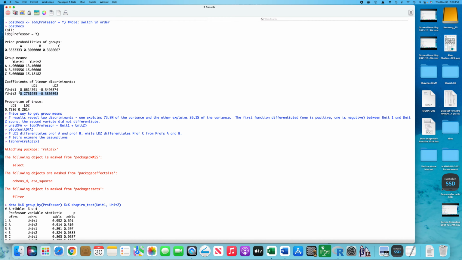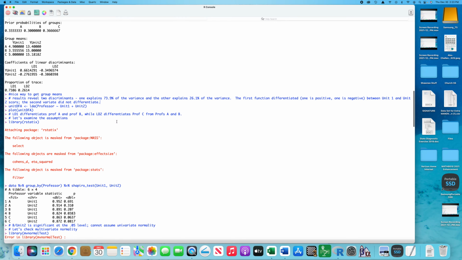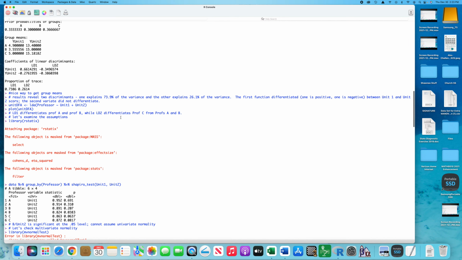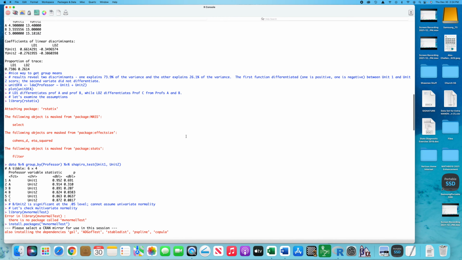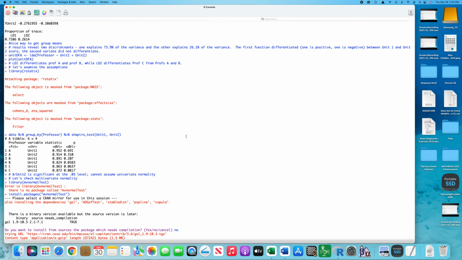If one's negative, the other's negative, or one positive, the other's positive, we don't get much differentiation. So I think that part is reasonable to conclude, even without having discriminant function analysis. In terms of the plot, whatever. I probably shouldn't have covered that, but all right.